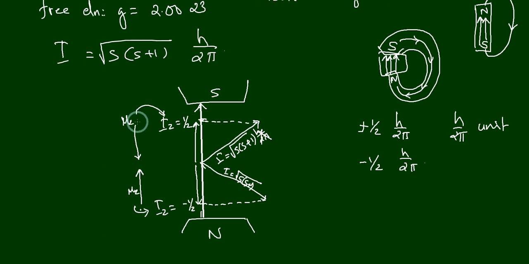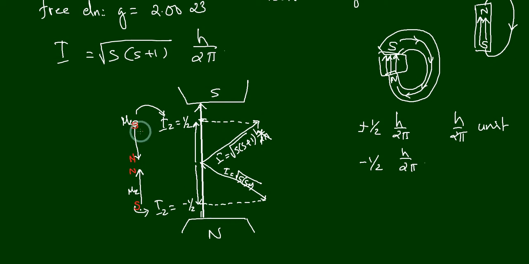Therefore, this is the south of the magnetic dipole of the electron, and this is the north. Okay, so let me draw it in red. So this is south pole and this is north pole, because magnetic lines of force inside the magnet go from south to north. When you consider the electron as this type of magnet, this is south pole and this is north pole. So these magnets are inside this horseshoe magnet, right?